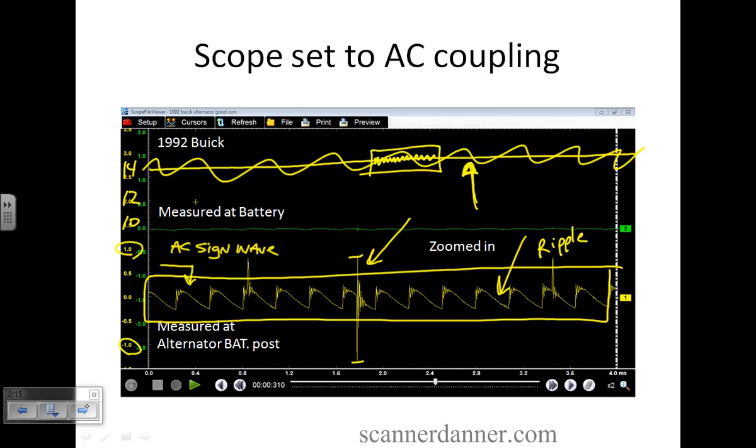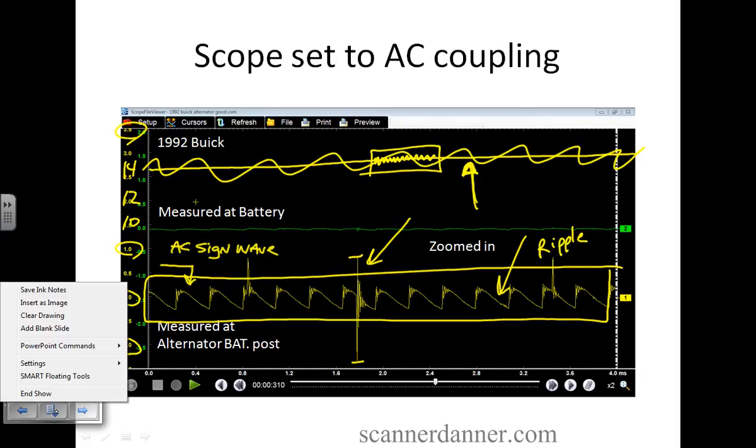If you look at my settings, this is 3.5 volts up here. This is -1. This looks like maybe about a 5 volt setting. And you see how we're hovering around 0? I'm gonna have to show you this later, but that's what we're doing. We're taking that 14 volt flat line, we're filtering it, we're blocking the DC, and then we're zooming in on that waveform.